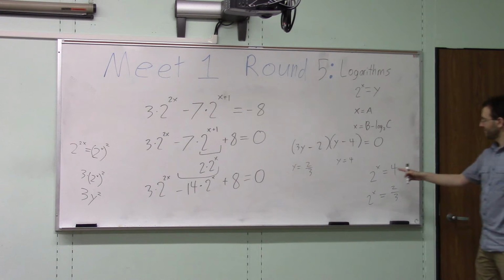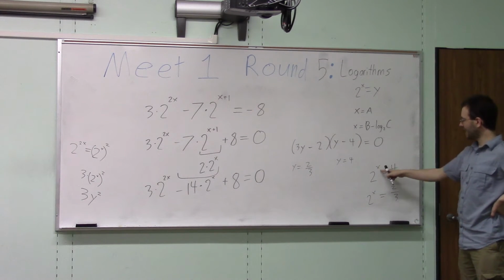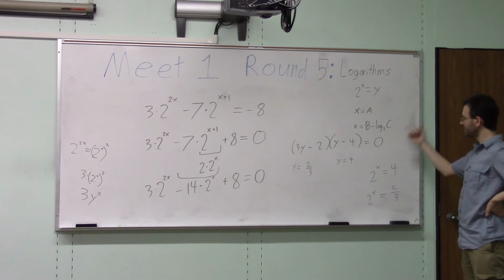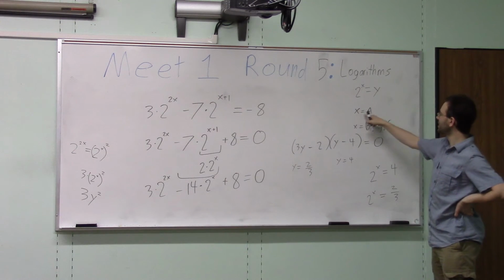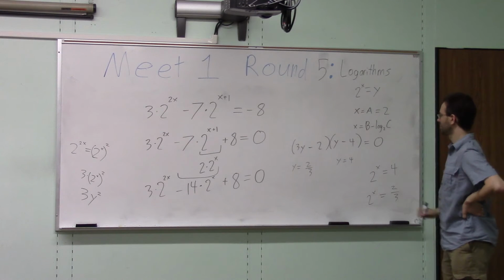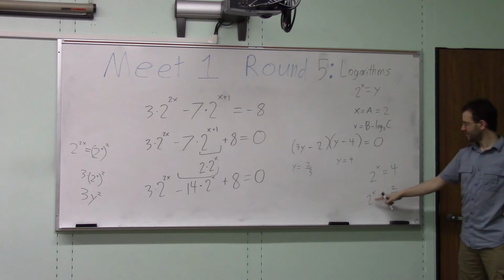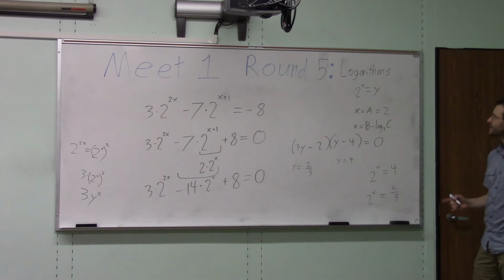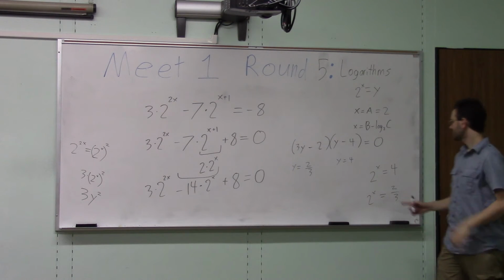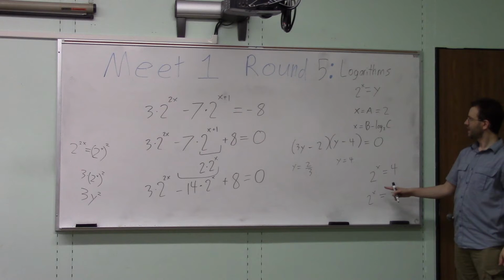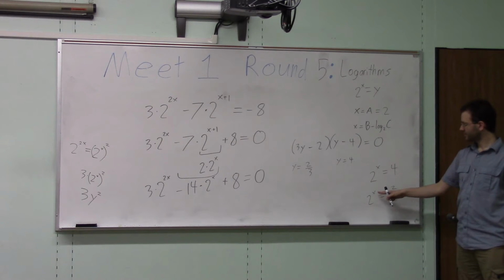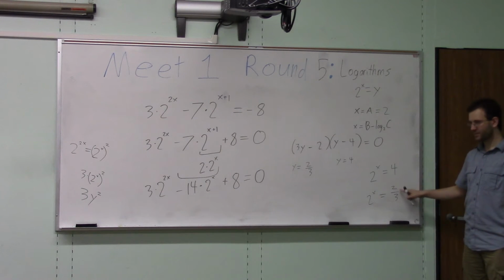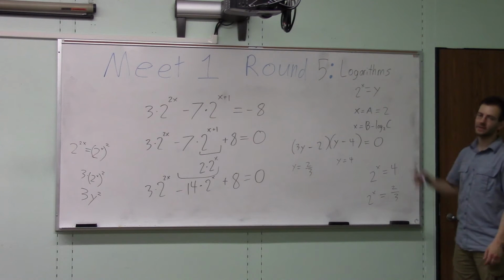All right, 2 to the x equals 4. What could x be? 2 to the what is 4? 2. So x could be equal to 2. 2 to the x equals 2/3. So what could x be? So the question is, how many 2's are there in 2/3? And that's why you see logarithms here.